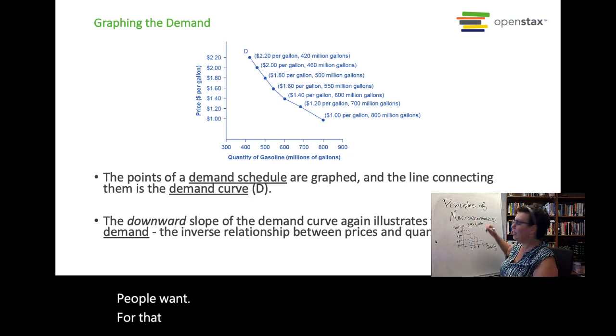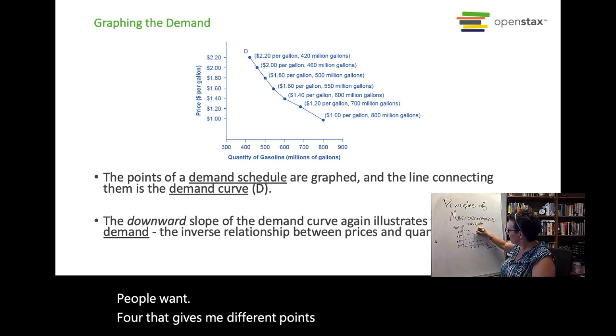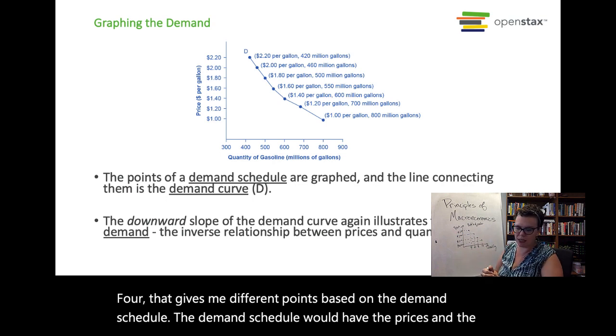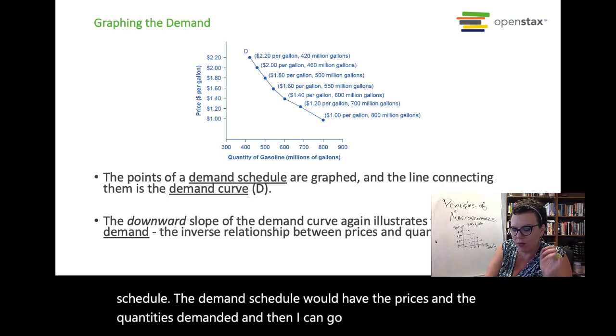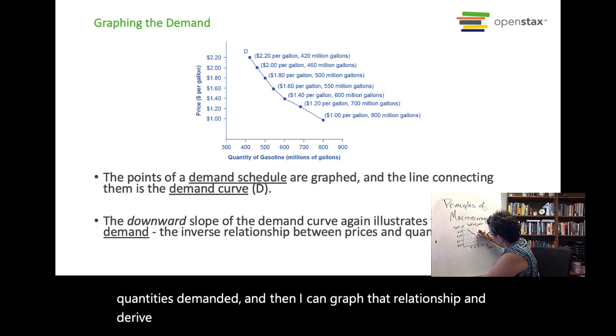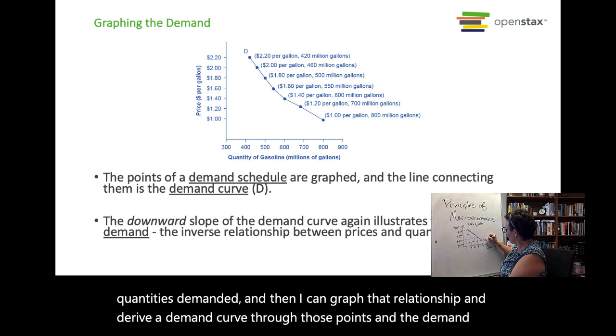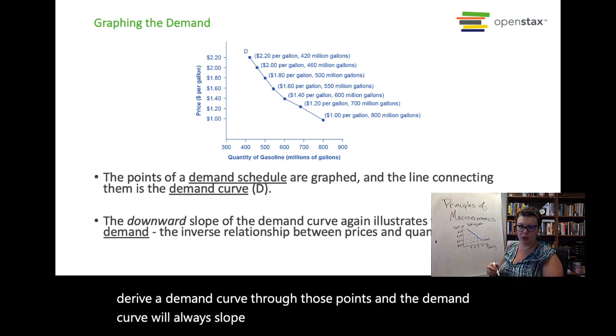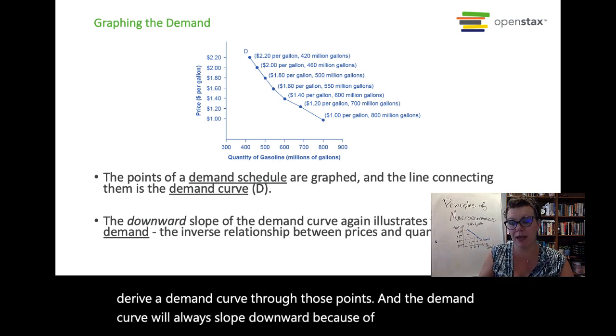That gives me different points based on the demand schedule. The demand schedule would have the prices and the quantities demanded. Then I can graph that relationship and derive a demand curve through those points. The demand curve will always slope downward because of that law of demand relationship.